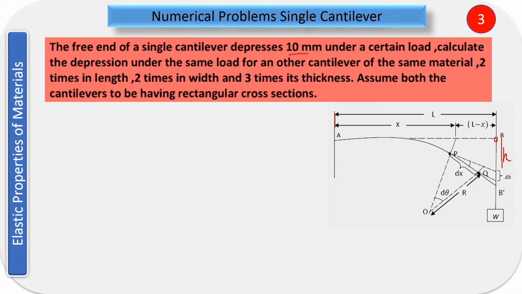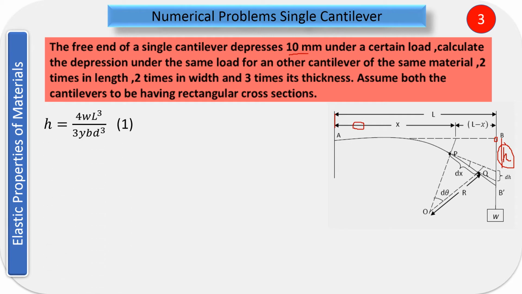Now we have changed this cantilever in which the length has become 2 times, right? The breadth of this cantilever has become again 2 times, and its thickness has become 3 times. Then what will be the depression in that cantilever? Let us suppose that depression is H dash, and let's calculate the value of H dash.